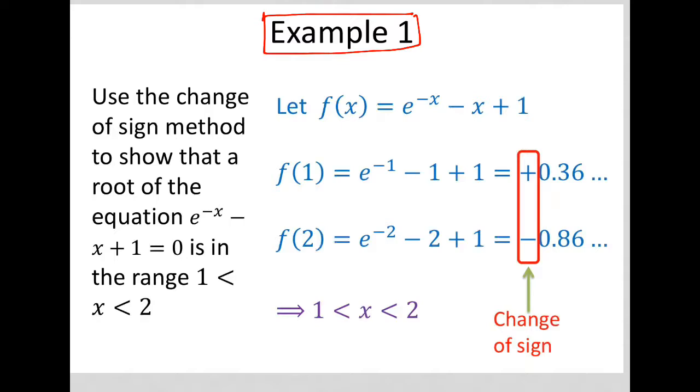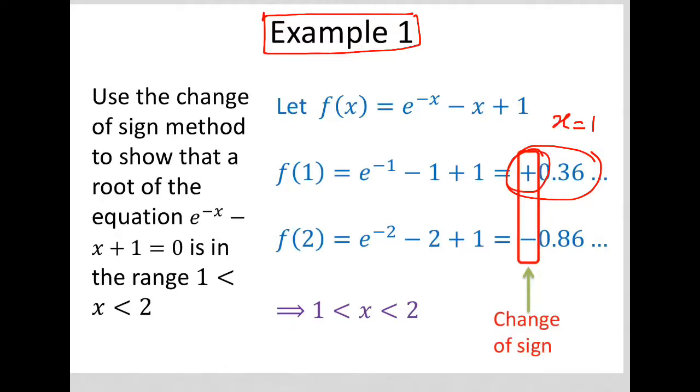That means we try to work out the function of x when x equals 1. So we basically put the value of x in, e to the minus 1 plus 1, and that will give us this value here, which is plus 0.36 when x equals 1. Note the sign here is positive.